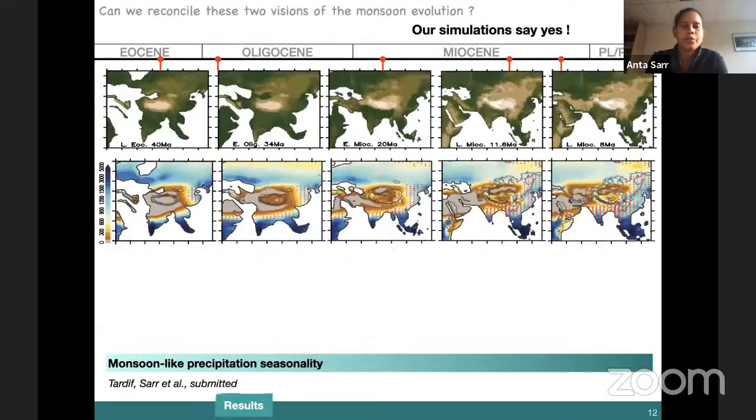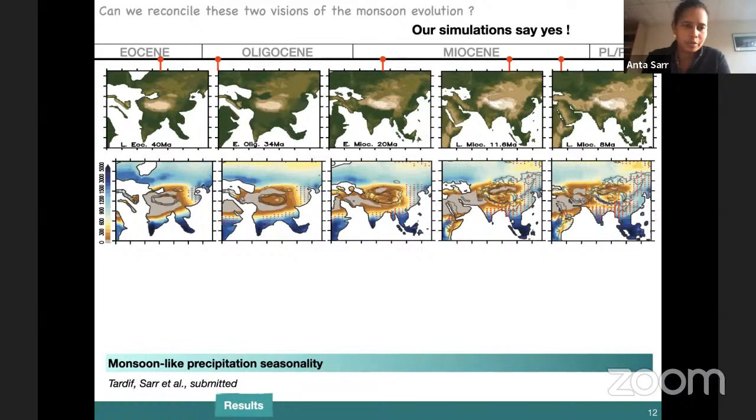So first and foremost, let's have an overview of the global trends we have in those simulations with the IPSL model. And this is also based on a paper we submitted to a science review with Delphine Tardif as first author. So here, top row, you have the paleogeography evolution from the Eocene to the Pliocene we used.